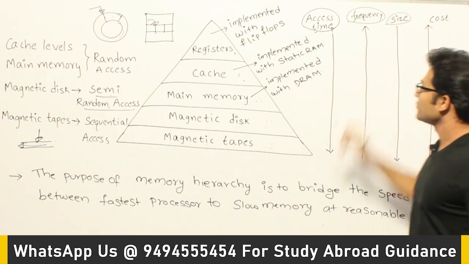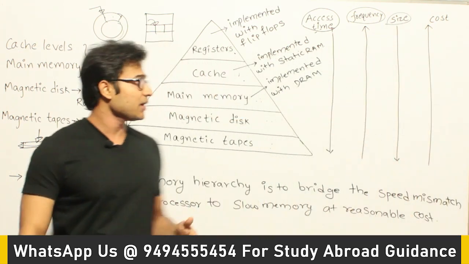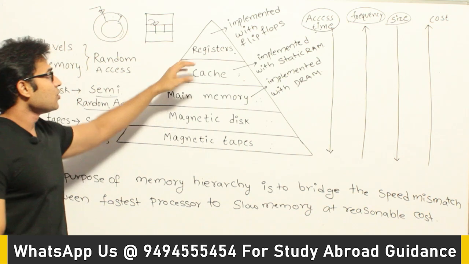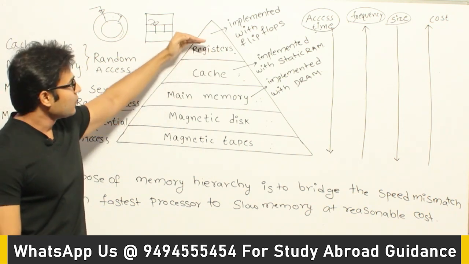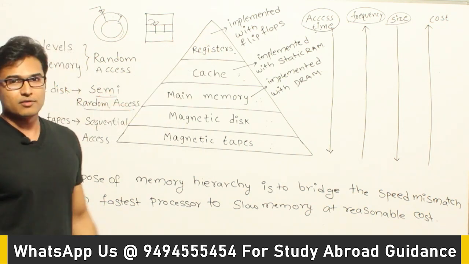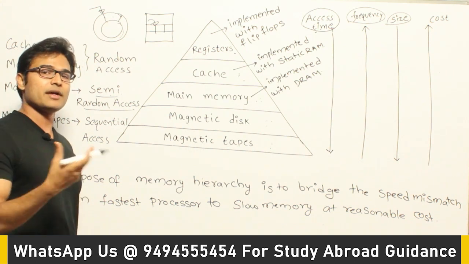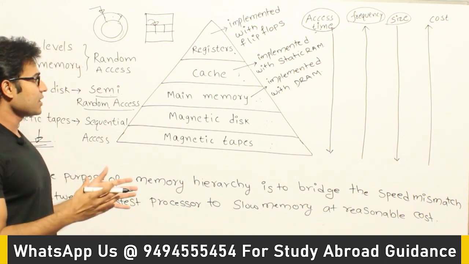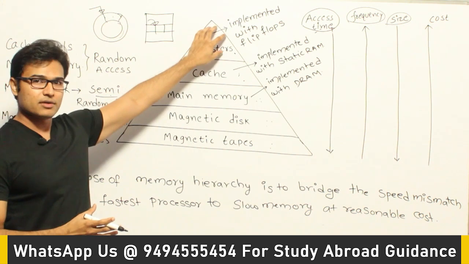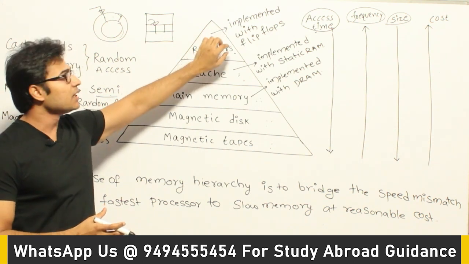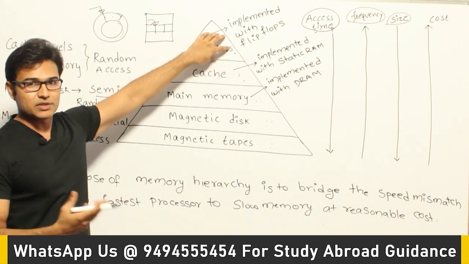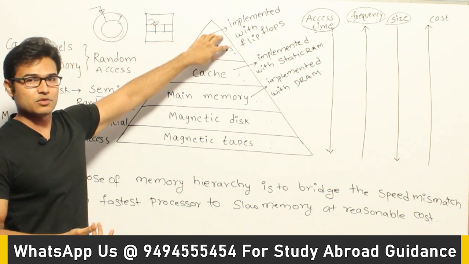And coming to the size, registers are actually costly, therefore we don't go for high size. We generally take the cheaper memory to be at the higher size. As you increase the size of each component, the cost is going to increase, and since it is too much cost, we don't take too much of it.